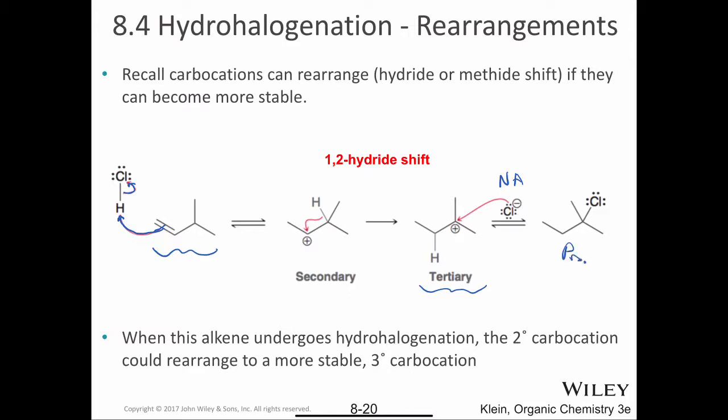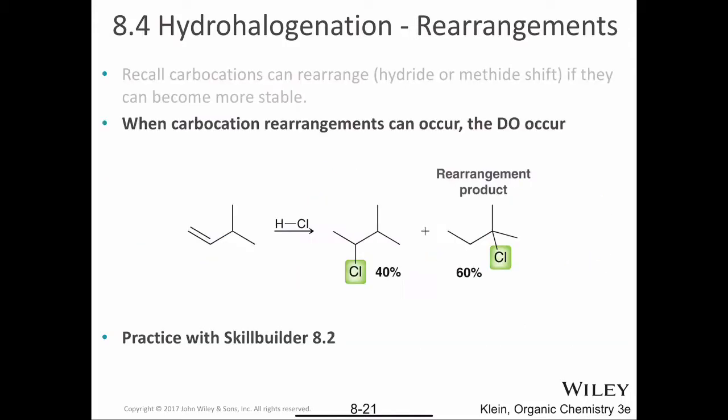So it gives us this product. And it says here that when this alkene undergoes hydrohalogenation, the secondary carbocation could rearrange to give you a more stable tertiary carbocation. But what you'll find is that most of the time you end up with mixtures of products. It says when carbocation rearrangements can occur, they do occur.